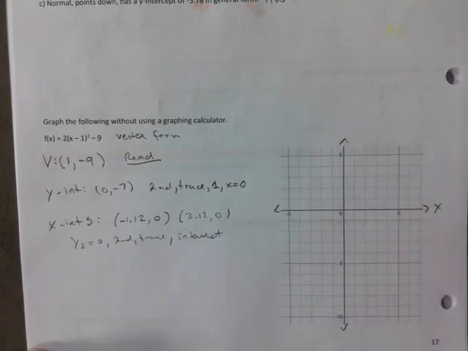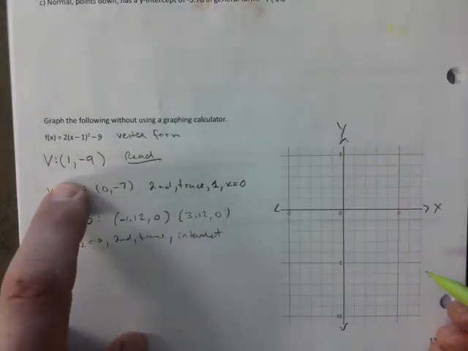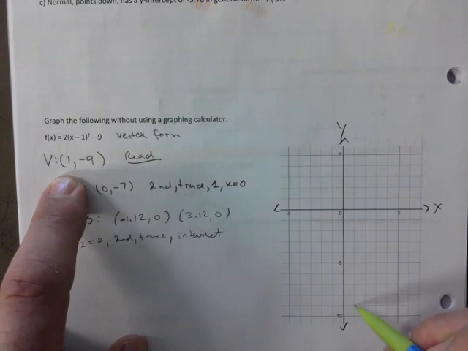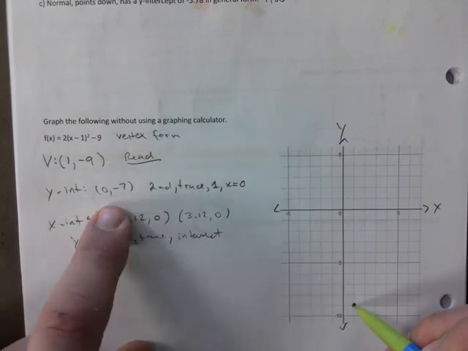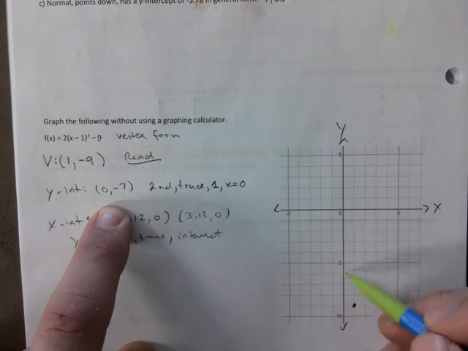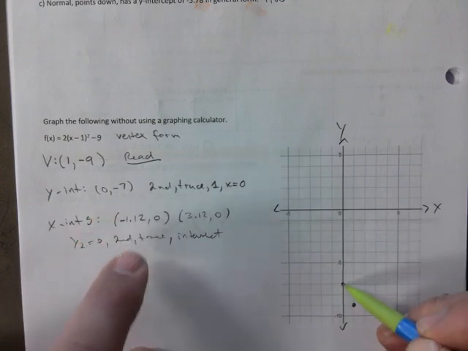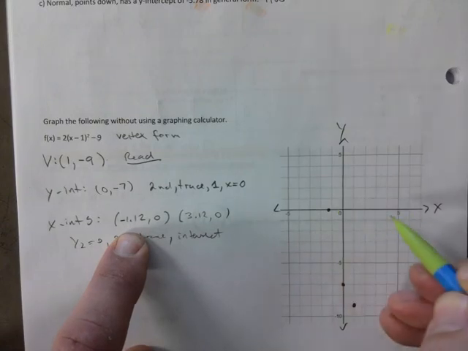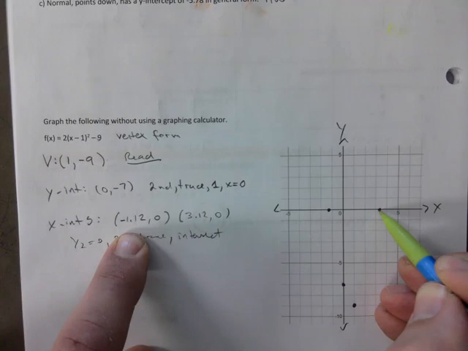You put arrowheads, you label. Where does your vertex go? 1, -9. So 1, this is already scaled up, so you're welcome. 1, -9 is here. 0, -7 is here. -1.12 is right about there. 3.12 is right there.